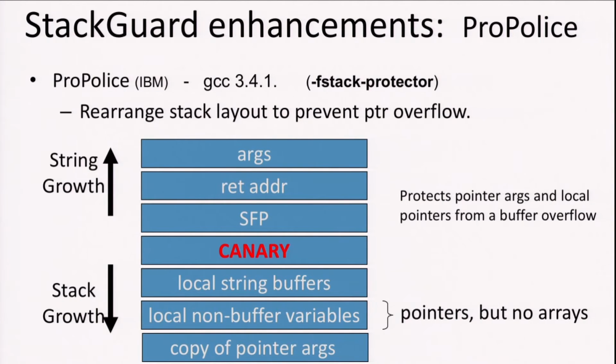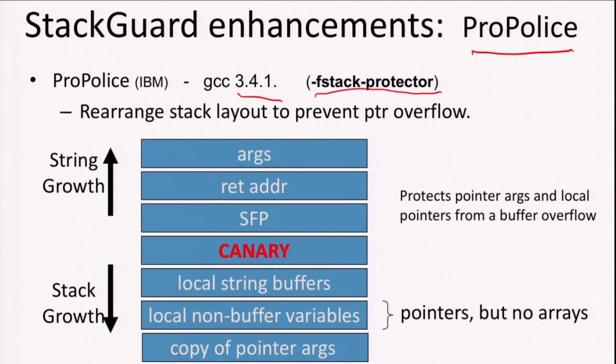Then IBM took over the StackGuard idea, and from GCC 3.4.1 onwards, if you use -fstack-protector as your compiler flag, you can do something more than just a canary, and this is called ProPolice.